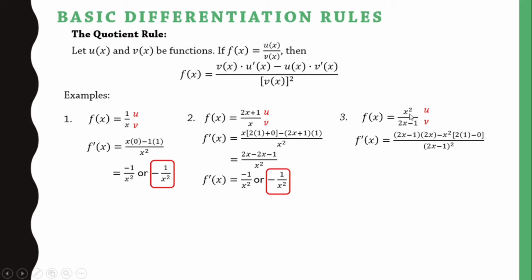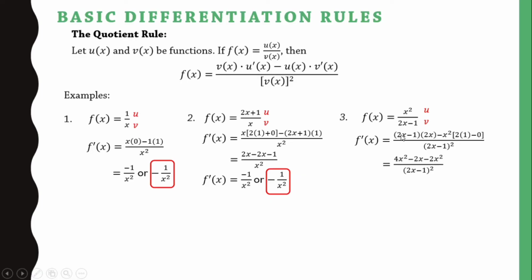So the derivative of x squared is 2x raised to 2 minus 1, or that's 2x, minus u, sorry. So we simply copy x squared and v prime. So we get the derivative of 2x minus 1. So that's 2 times 1 minus the derivative of 1, which is 0. Then we square the denominator. That's 2x minus 1 squared.